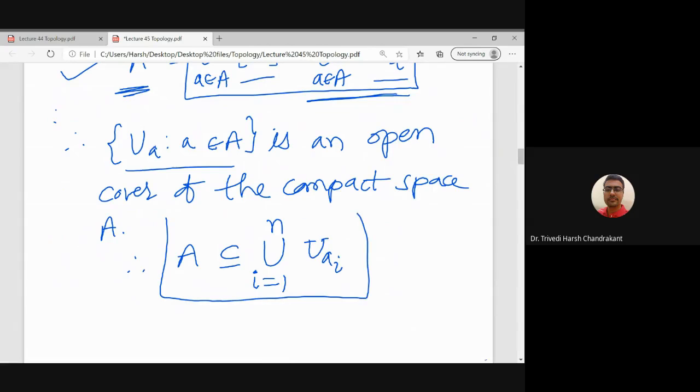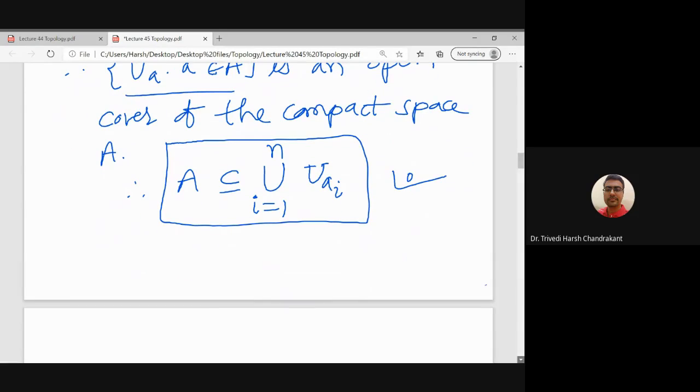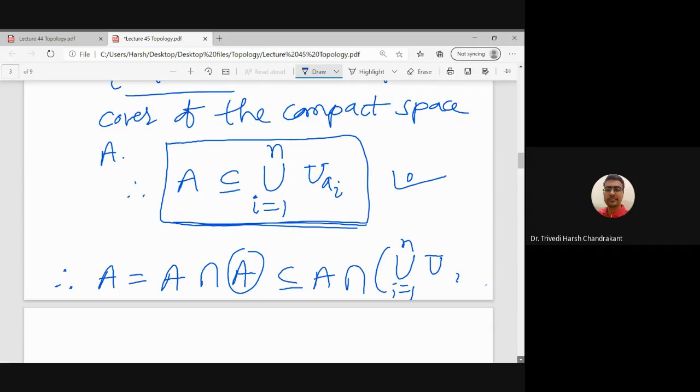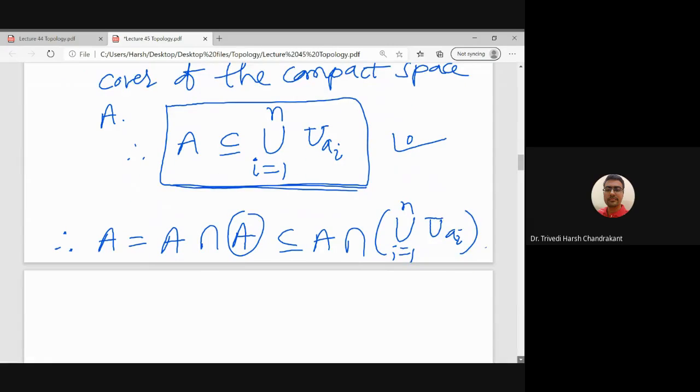So now, using this collection U_a of open sets, compactness of A, and the characterization of limit point, we are getting this. Since A is a subset of this finite union of U_{a_i}, we can write A as A intersection A, and then substitute the union here, so we get A intersection the union i from 1 to n of U_{a_i}.